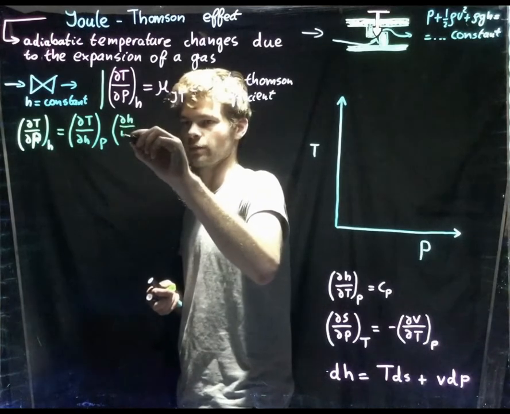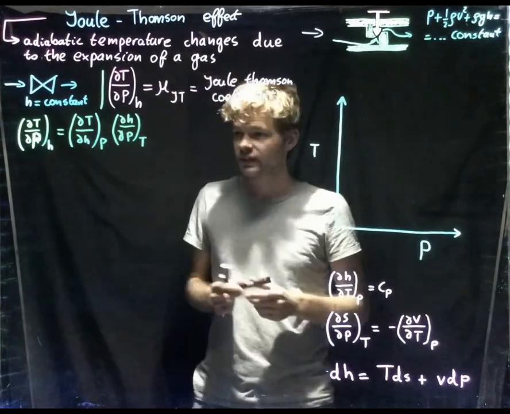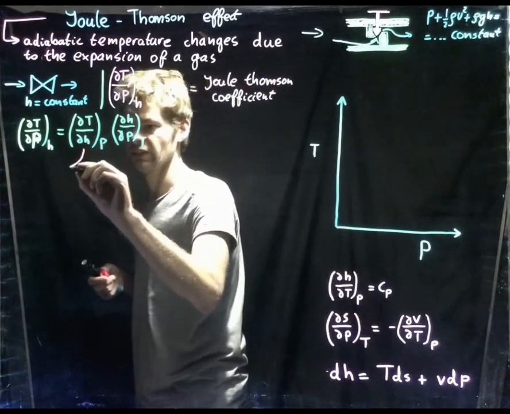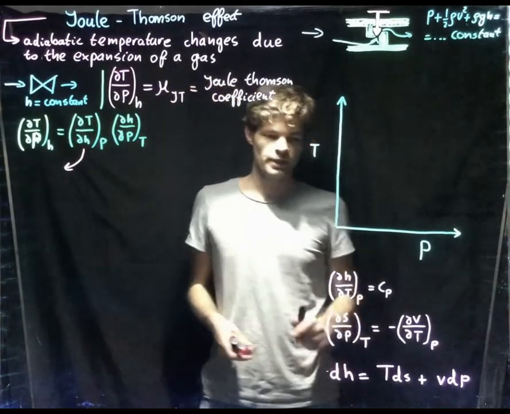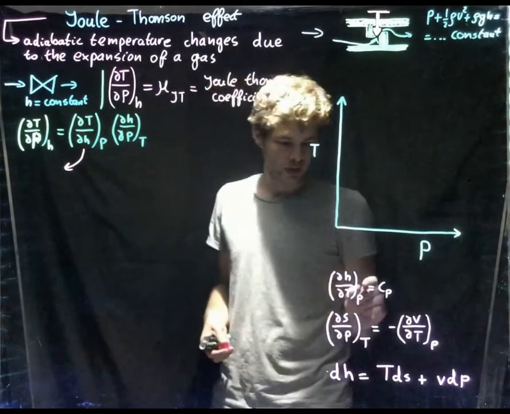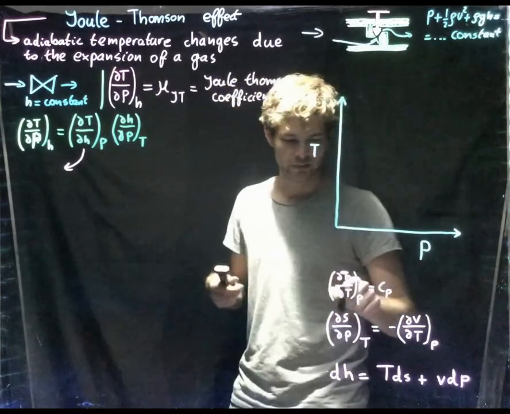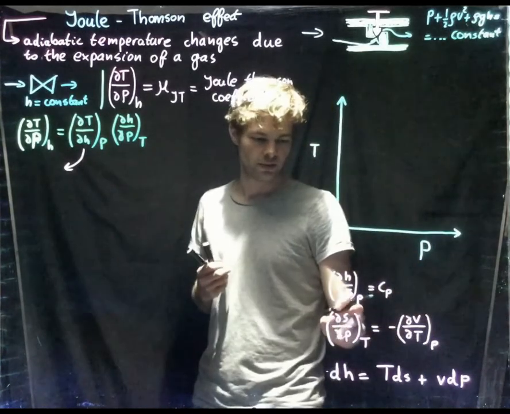I'm going to rewrite this one first. That's the easy one. dT/dh for constant P is actually the inverse of dh/dT for a constant P.